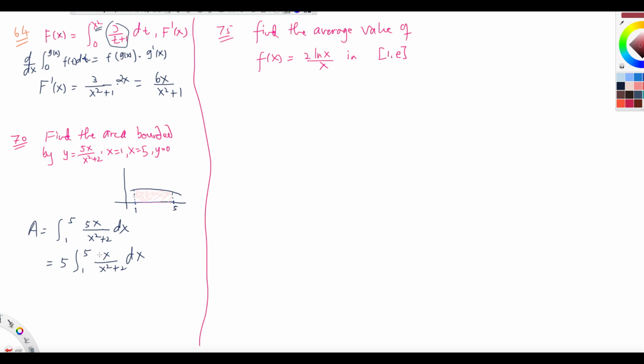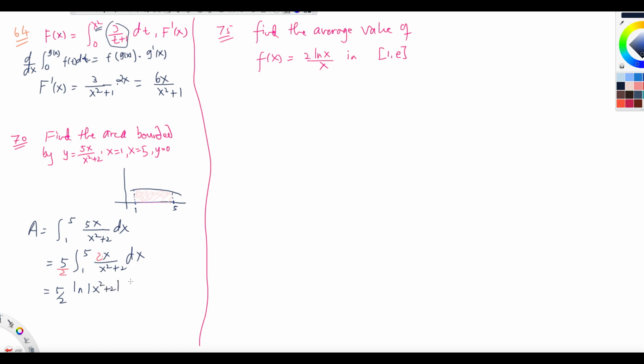You write 2 times x and then divide by 2, right? You balance it by dividing by 2, but we need 2x because the derivative of the denominator is 2x, so that we can write this as a log. So we get 5 over 2 times the natural log of the denominator, x squared plus 2.